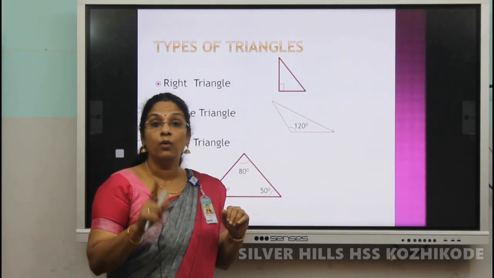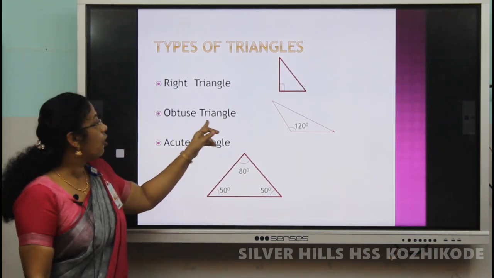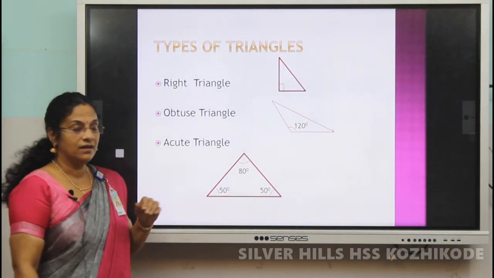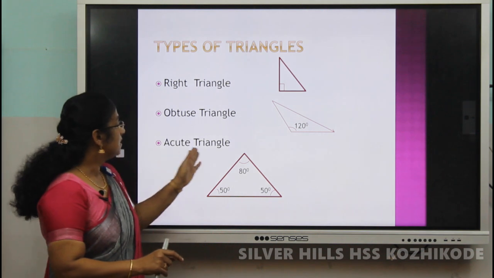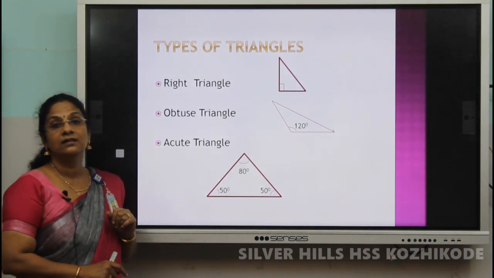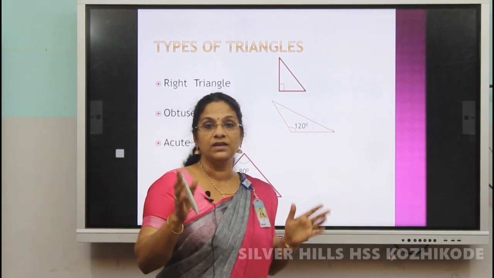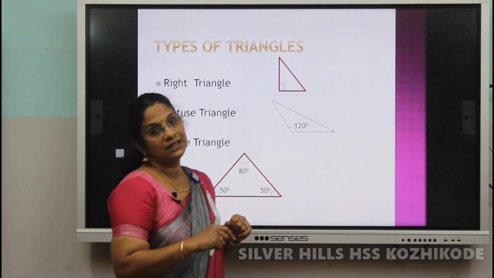That is more than 90 degree. It is an obtuse triangle. And the third one is where all angles are less than 90. Then it is an acute triangle. That is the different types of triangle we studied, and we recalled them.